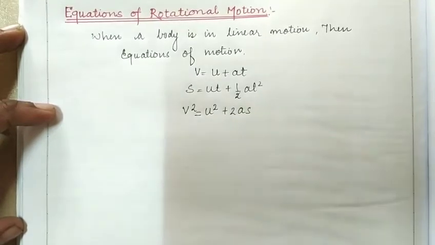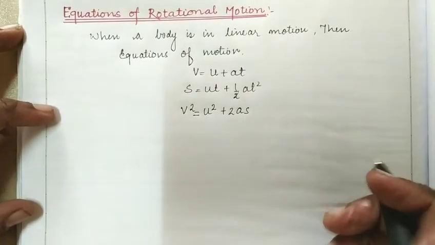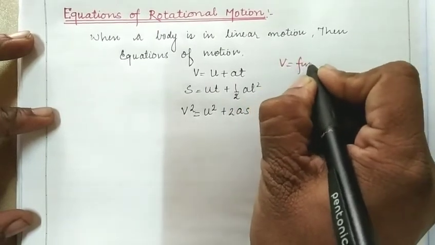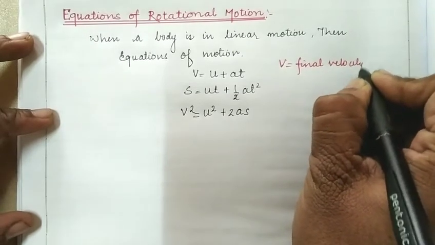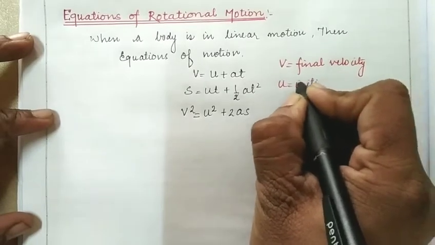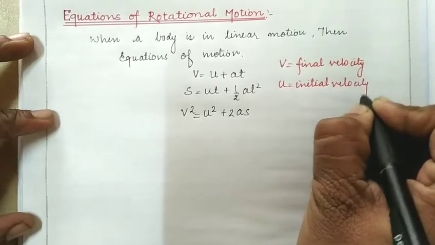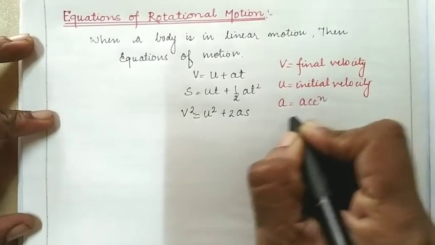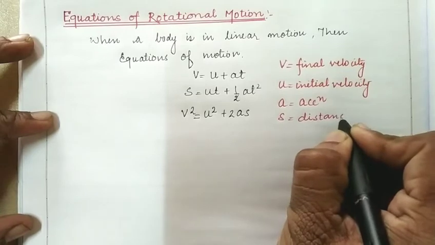Students, in all three equations of motion, v is the final velocity attained by the body, u is the initial velocity, a is acceleration, and s is the distance covered by the object while having linear motion.